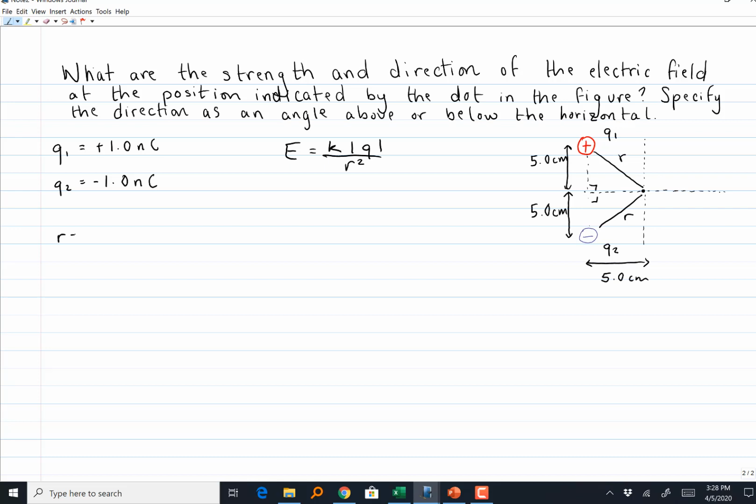So r, using the Pythagorean theorem, is the square root of 5 centimeters squared. So let's convert that. 5 centimeters squared plus 5 centimeters squared.